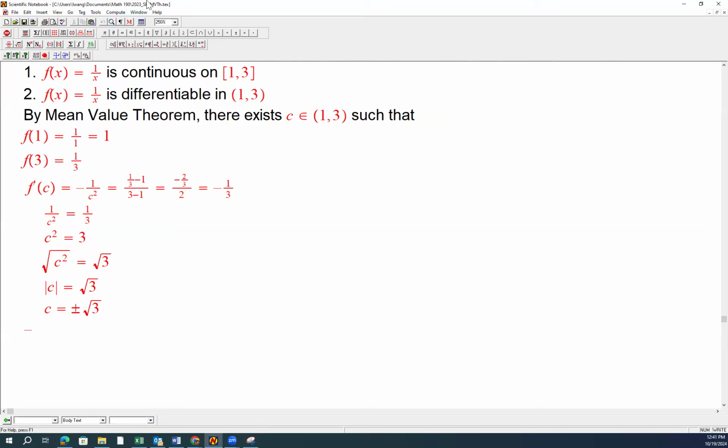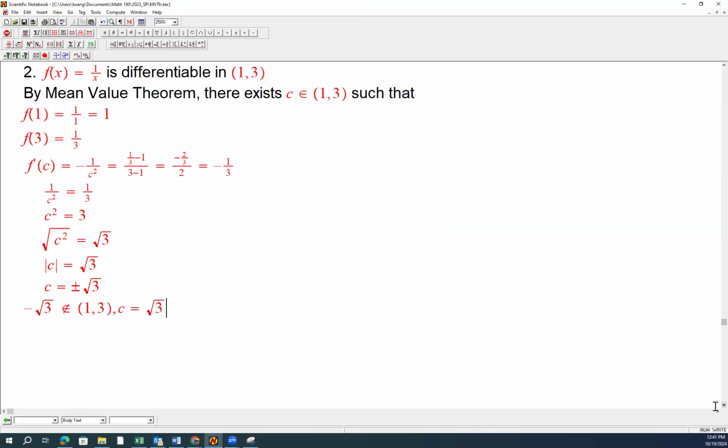So negative √3 is not inside the interval of our interest. Therefore, c equals √3. We found the c. So c equals √3. So this is the number of our interest. Okay, so by this time the question is done.